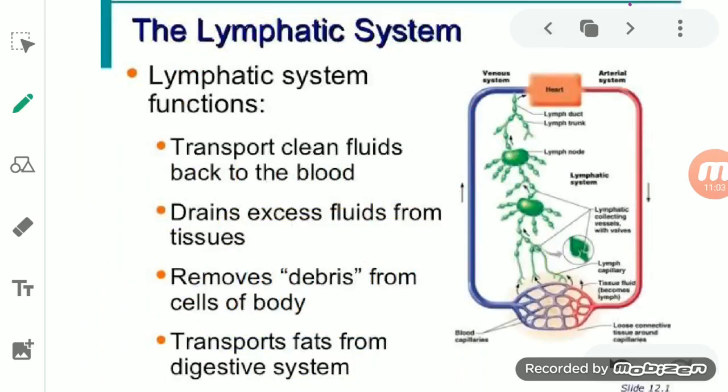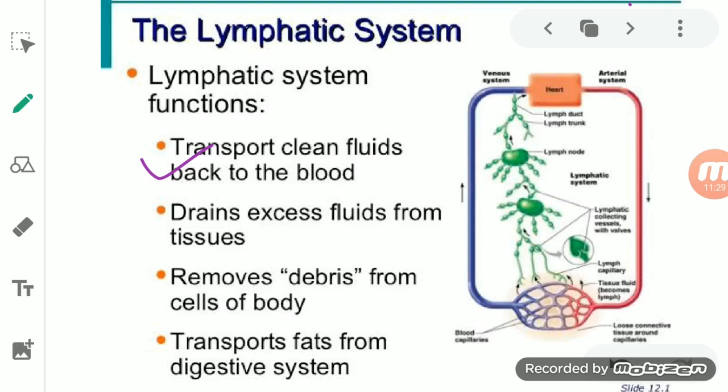Now if we see the functions of the lymphatic system, the first function is that it helps transport clean fluids back to the blood. Lymph transports the nutrients, oxygen and glucose which may have been filtered out of the blood capillaries.